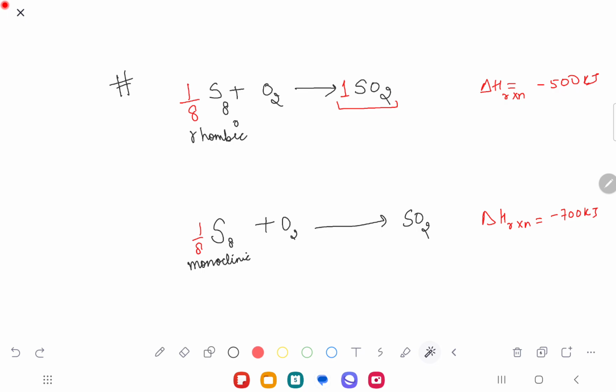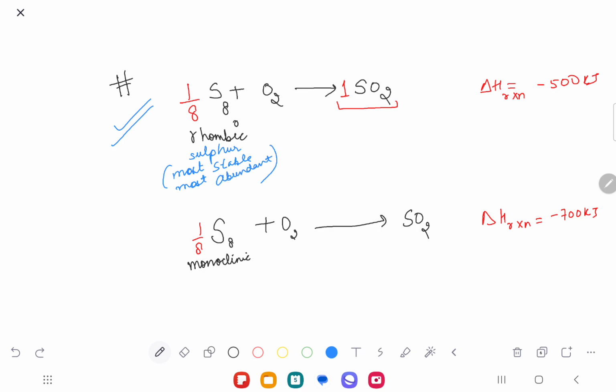You understand? But what is happening? Which reaction's heat will you call the heat of formation? The first one. Why? Because rhombic sulfur is the most stable and the most abundant form of sulfur.